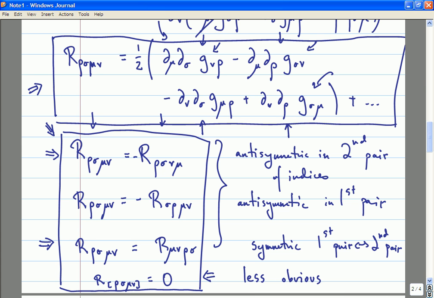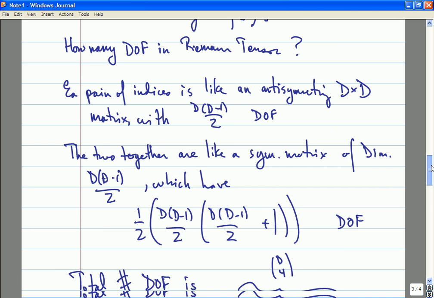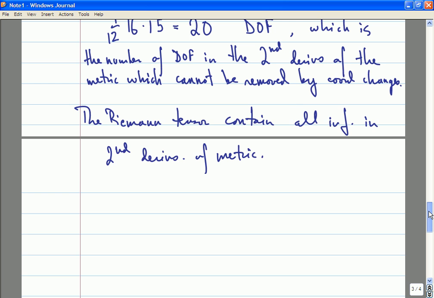Okay. So, let me now just mention one final identity, which is obeyed by the Riemann tensor. I've shown you up above all of the various identities which are obeyed by the Riemann tensor under the permutation of its various indices.